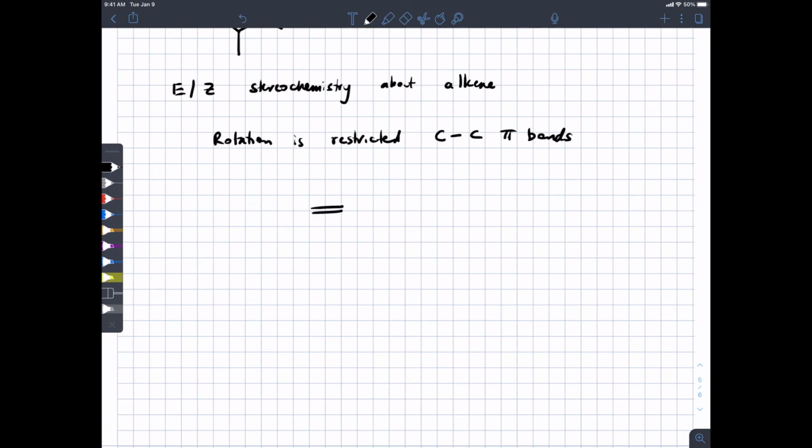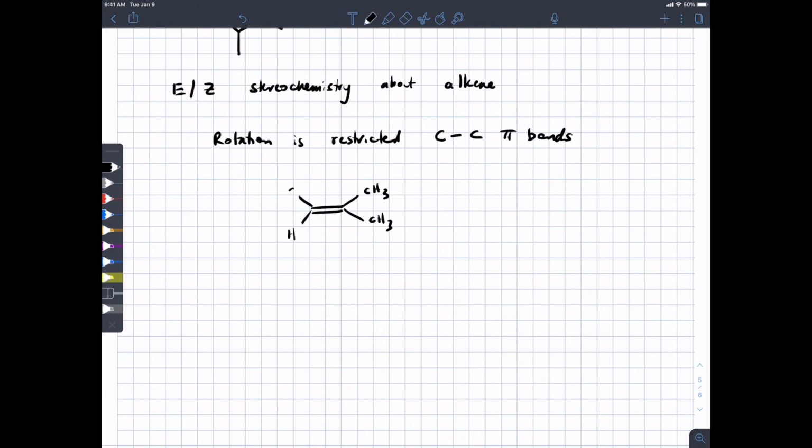So, a double bond with all hydrogens, nothing to talk about. There's no alternative shapes, okay? A double bond with two of the same thing on the same carbon, still nothing to talk about.